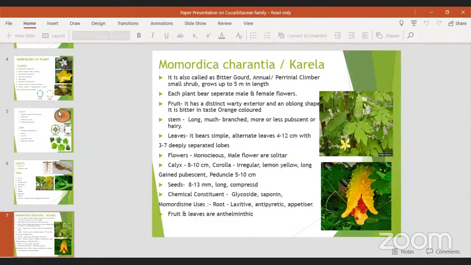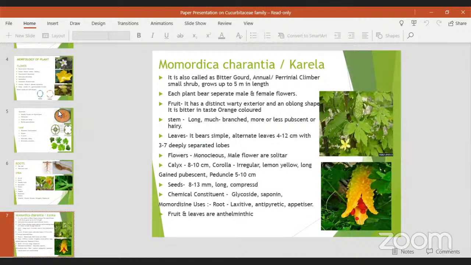Flowers are monoecious, male flowers are solitary. The seeds are 8 to 13 mm long, compressed. Chemical constituents: glycosides, saponin, momordicine. Uses: the root is laxative, antipyretic, appetizer. Its fruits and leaves are anthelmintic in nature.